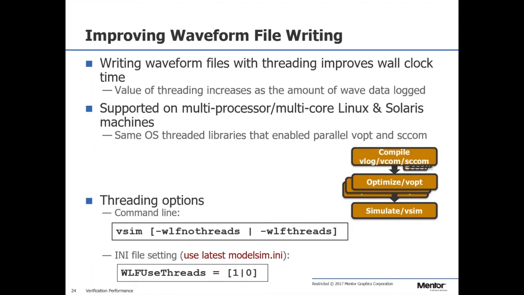I almost don't talk about this anymore because it is the default. But if you're running Questa on Linux, it will automatically take the waveform writer and put it on a different thread, which means on a multi-processor system, the waveform writing is not going to be wrapped up with the simulation engine.